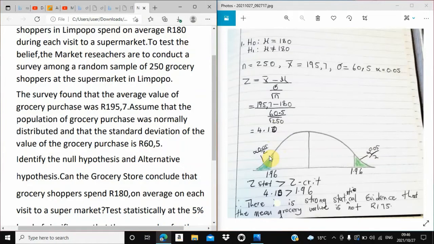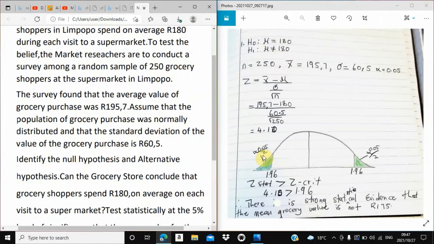In null hypothesis testing, when our average is equal to some figure, we are going to divide it by 2, this side and this side. But if our average was greater than or less than, we are going to focus on one side. But since they say is equal to, we focus on both sides. That's why we divided our alpha by 2.